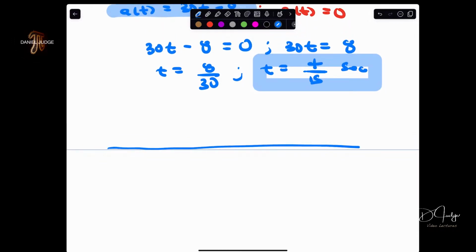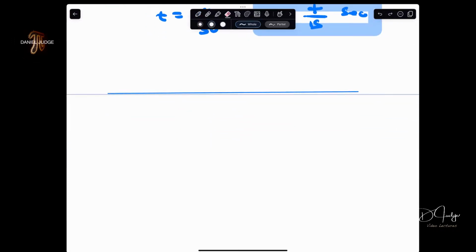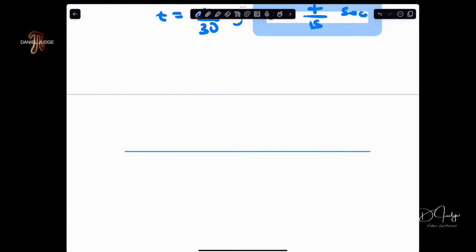And maybe I'll just try to see if I can put this on the crease. I don't know if that bothers you guys, but it bothers me a little bit. So if I put 0 in the middle, I'm going to put 4 over 15 here because we're going to do sign analysis on the acceleration function.